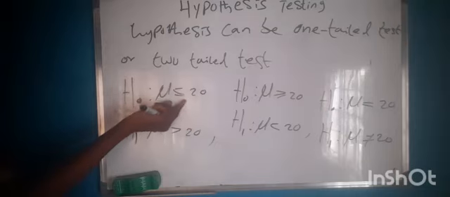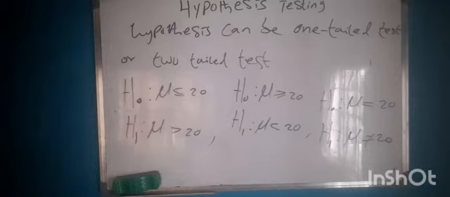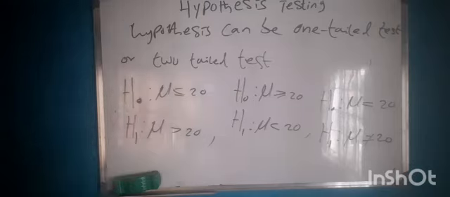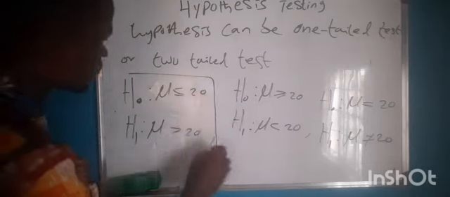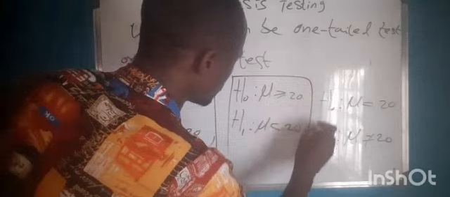It is not specific, so it is directional. And our H1 suggests that our mean is greater than 20. When a hypothesis says something like this, we call it a one-tailed test because it is directional, or one-sided.